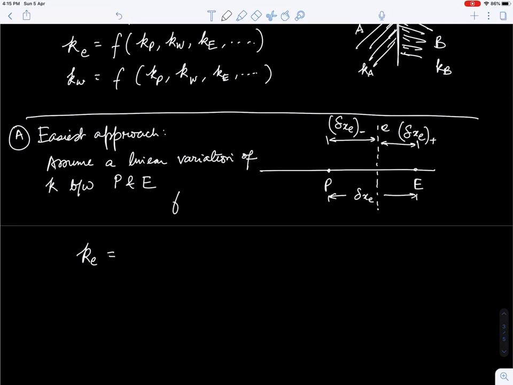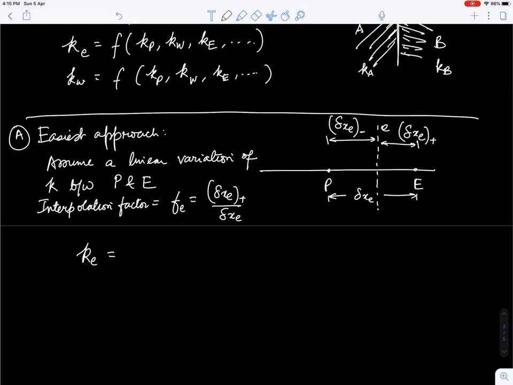So we'll have a fractional value of distance here. So let me define a fractional distance or an interpolation factor Fe to be delta xe plus by delta xe.